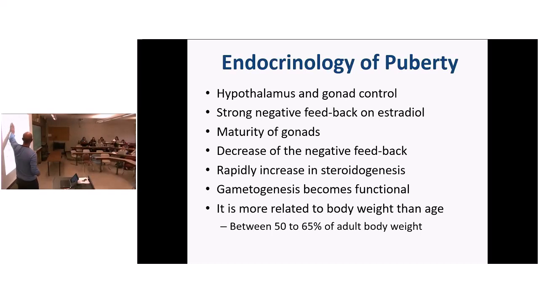As it moves on, you have both gonad and hypothalamus. Your gonads, your Leydig cells producing testosterone, or your ovaries and follicles producing estradiol, start to develop, grow, and slowly produce a little bit more estradiol and testosterone. In the case of testosterone, it's a little different because you don't need the peak, but you need a certain amount for spermatogenesis to occur.